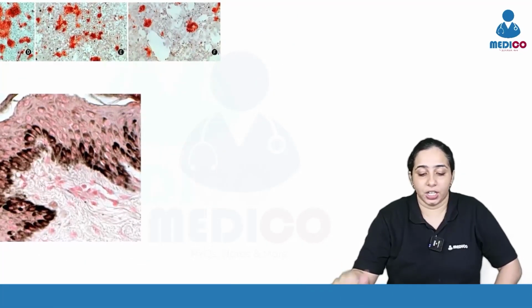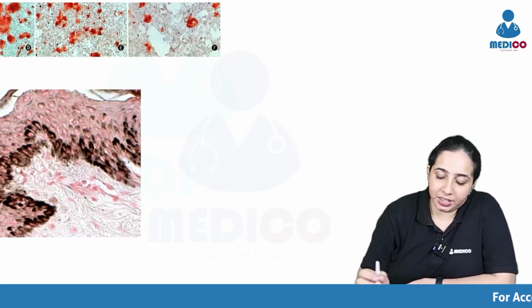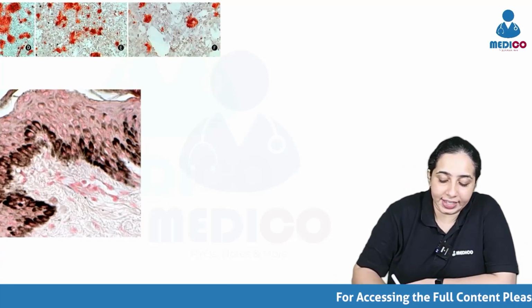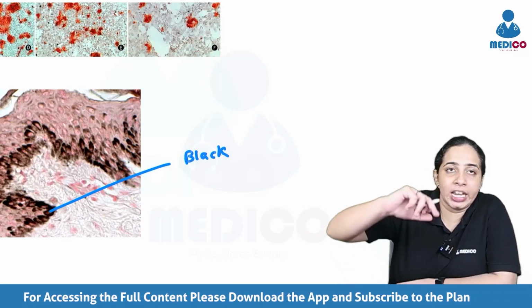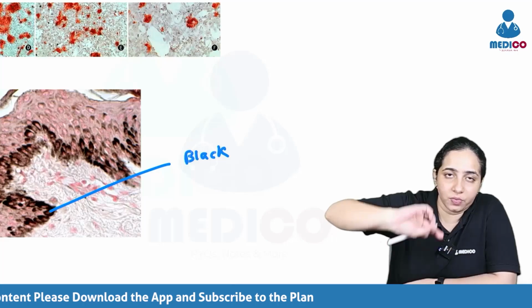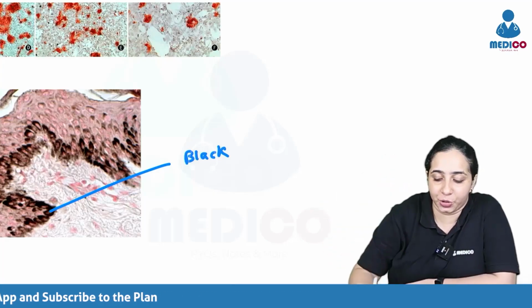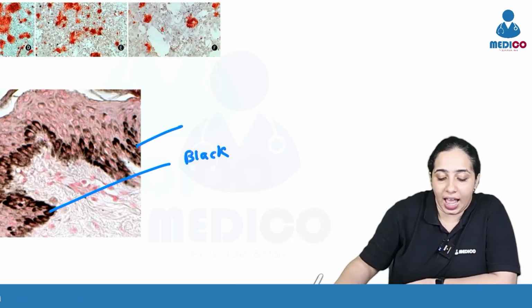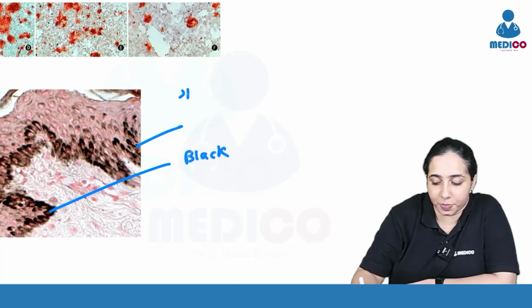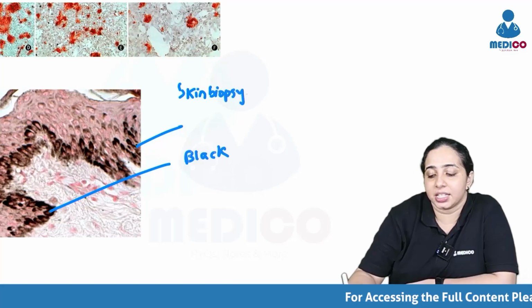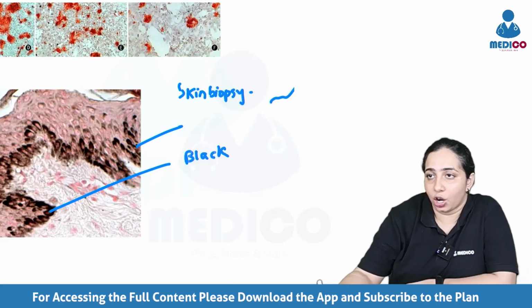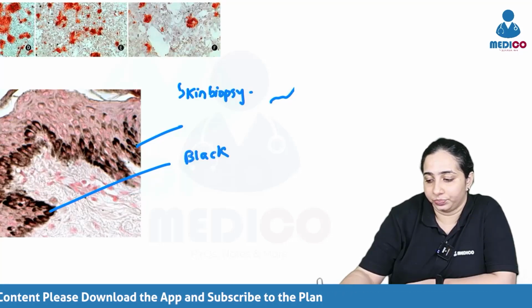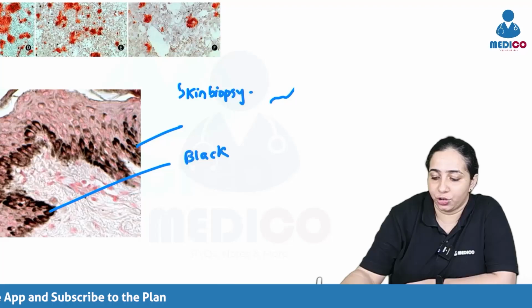Okay. So here, as I said earlier, this is a skin tissue. You can see you have some cells which have taken a black color stain, but only in a particular area, or one single layer of cells seems to have taken stain. Now, as I said, this is a skin biopsy, and in a skin biopsy you have to understand that at the dermoepidermal junction, you have a layer of melanocytes.